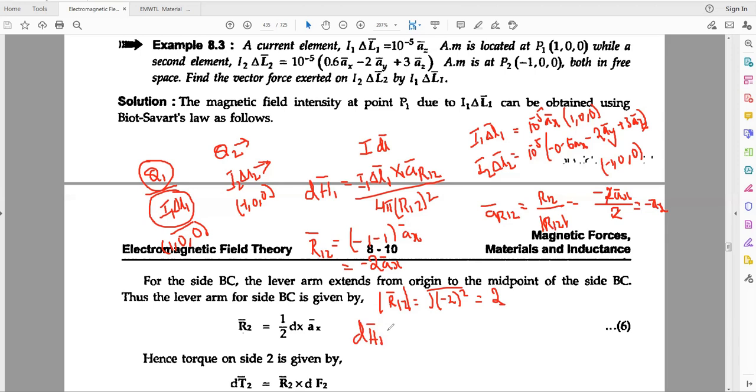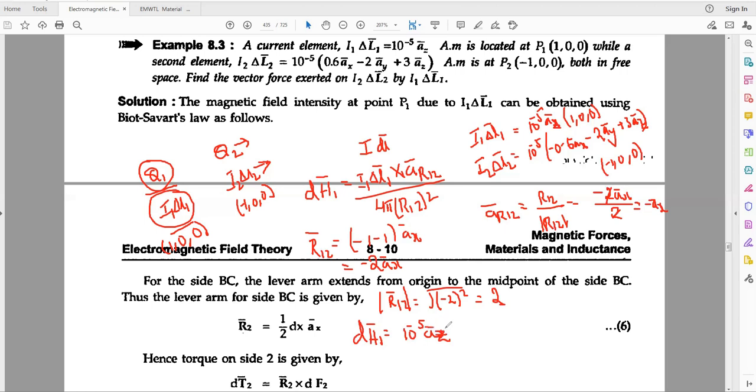dH1 bar is equal to I1 delta L1, which is 10 power -5 AZ bar. Sorry, not AX, it is AZ bar, my students.